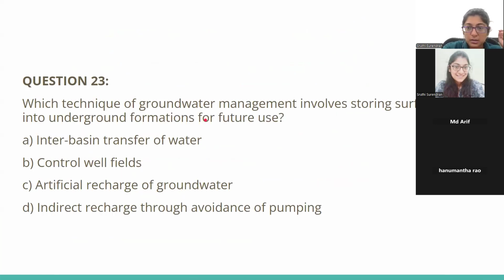Moving on. Which technique of management of groundwater involves storing surface water into underground formations for future use?